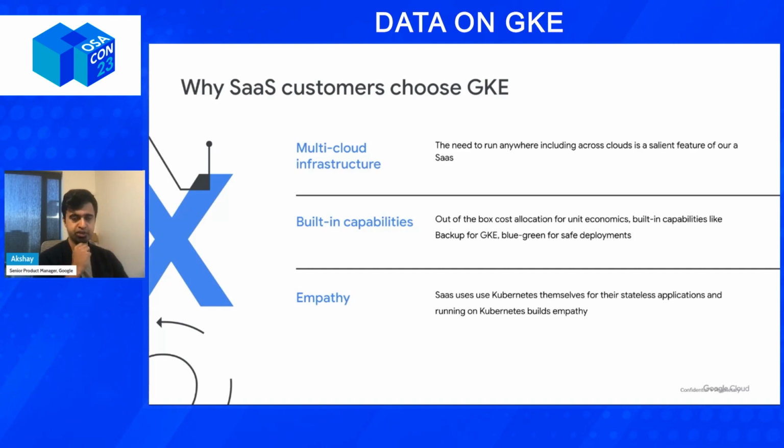You can run VMs, but you have to build a lot of the orchestration on top of it. The CI/CD best practices, your deployment best practices. So you want your cost savings. So all of that you want out of the box. And that's what Kubernetes and managed Kubernetes solutions give you. It gives you like a more modern way to deploy and run compute. So that's also exciting for our customers.